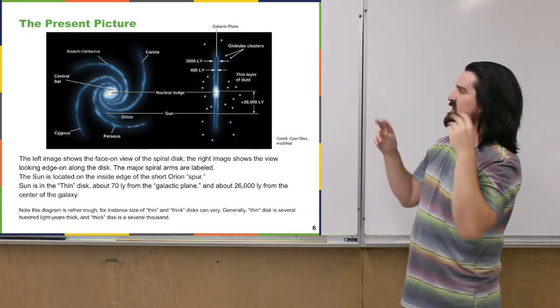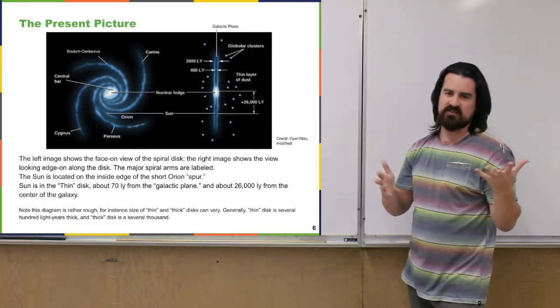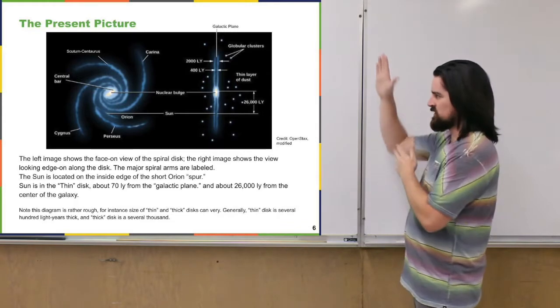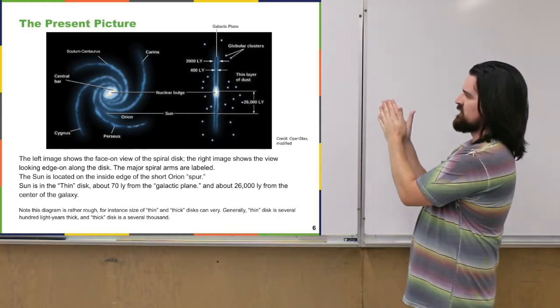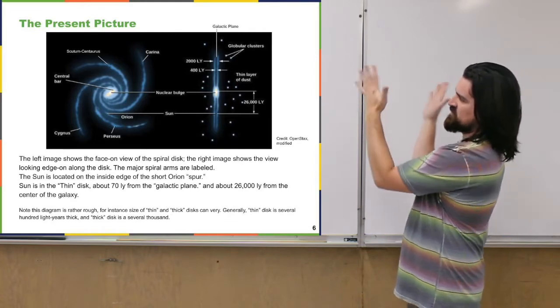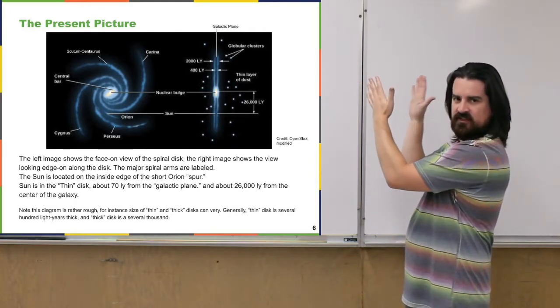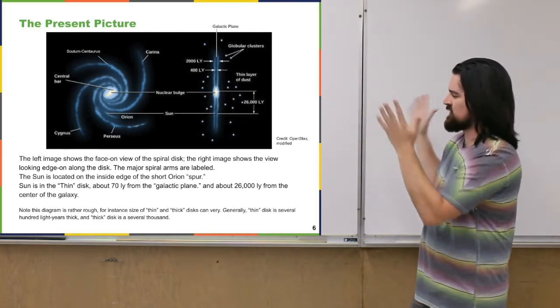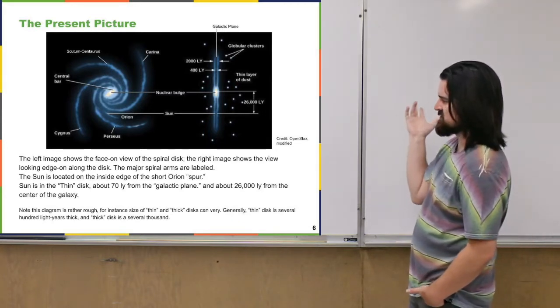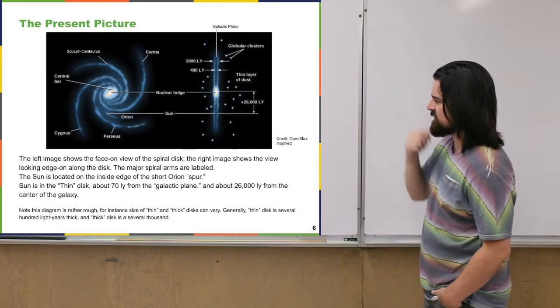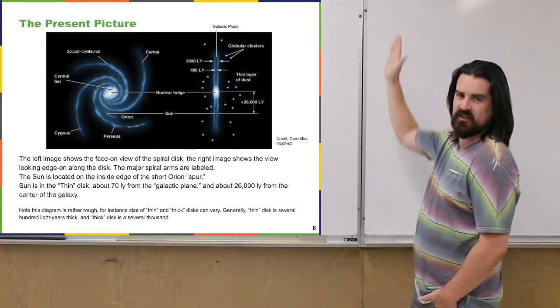So that thin disk is much more dense in general, more stars within about 400 light years from the plane of the galaxy. And then the thick disk goes out to a few thousand light years wide, and is just less dense, less stars overall. So currently it seems like the sun is something like 70 light years from the plane of the galaxy.